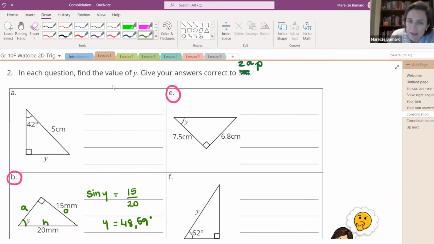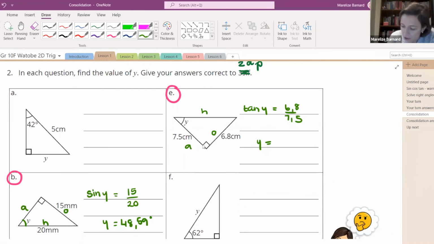Let's label our sides again until we are more confident. Opposite, adjacent. Okay, in this case, we've got the opposite and the adjacent side. So we have tan of y is 6,8 over 7,5. Has anyone got an answer for us here? I don't see many answers for question E. Maybe people didn't get a chance to finish. Never mind. I'll leave it up so you can take screenshots and go practice.